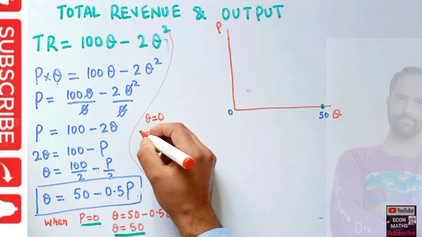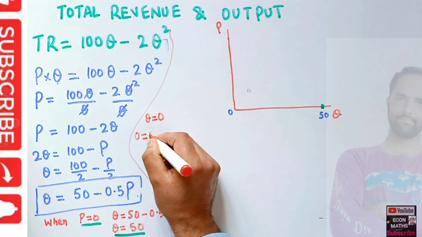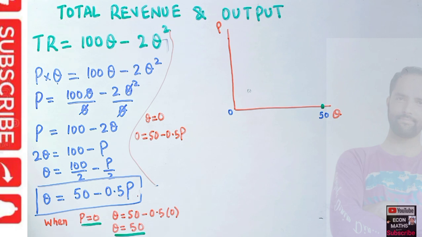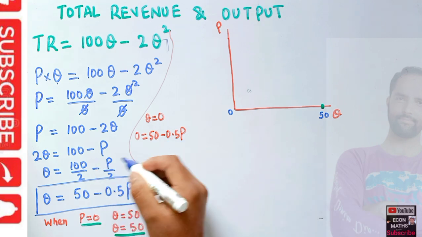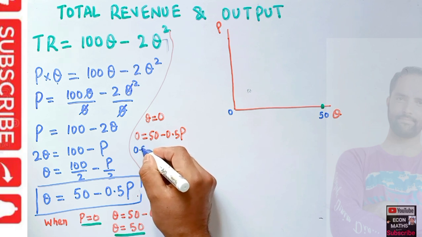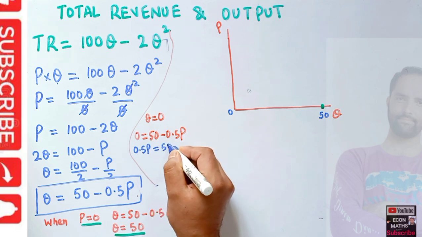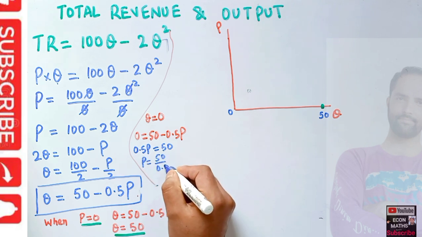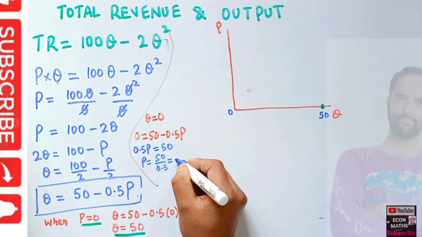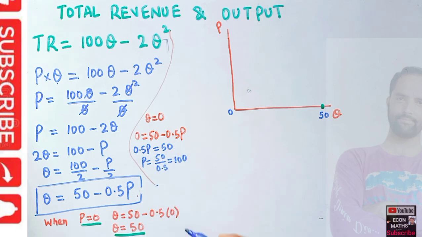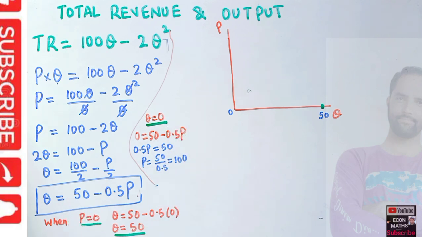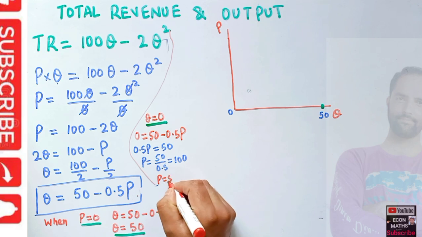If Q is 0, that means 0 = 50 - 0.5P, which gives us, if I transpose this 0.5P, 0.5P = 50, or P = 50/0.5, which comes out to be 100. So we got another point: when output is equal to 0, price is equal to 100.